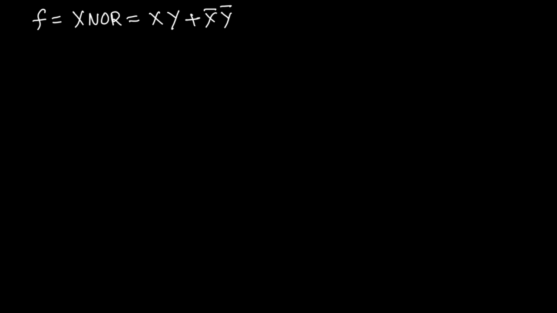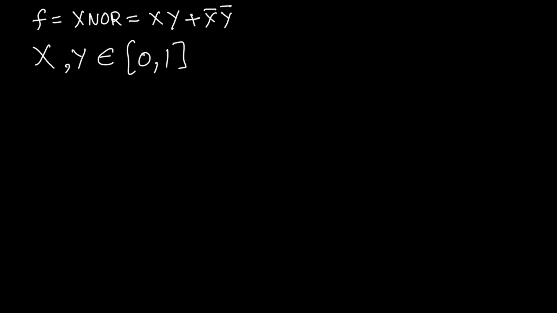And XNOR is just the not of XOR. We have binary values, that means x and y can take just two values, either 0 or 1.